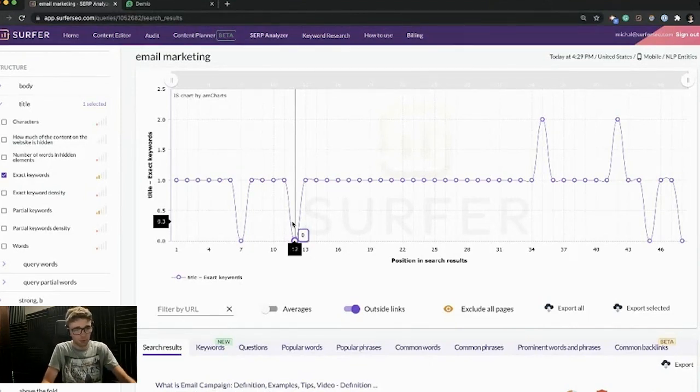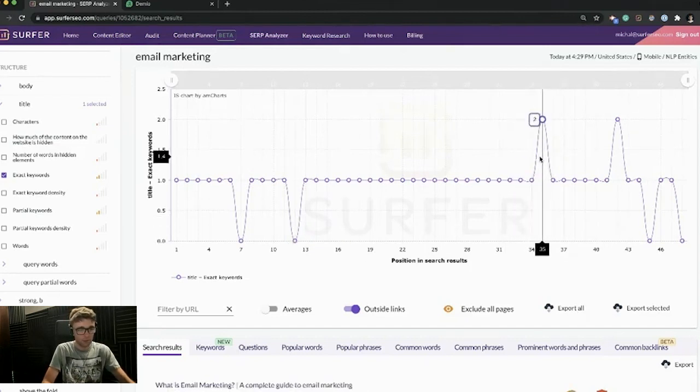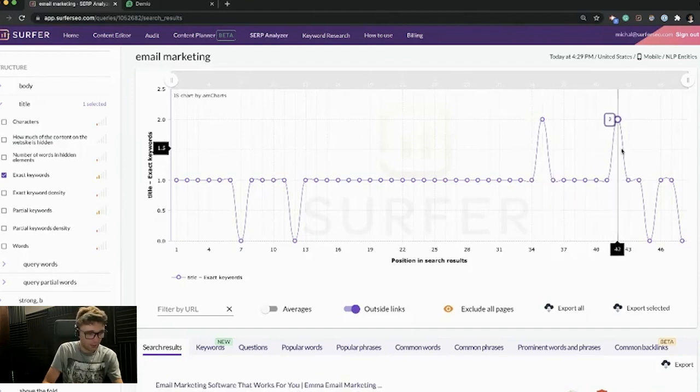But before we do so, we can find that there are two outliers in terms of exact keywords in the title, like Freshworks and Emma. These two pages are over-optimized in their titles. They used email marketing twice, so Google thinks, okay, they are rather spammy, they are trying to trick me.